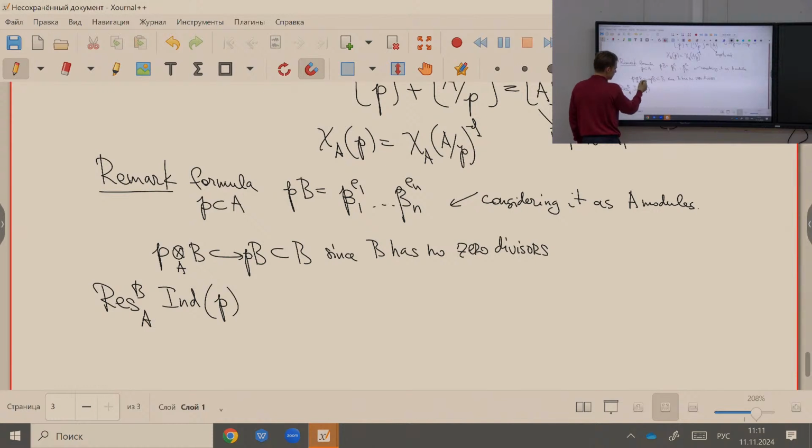Taking tensor product is sometimes called induction, because it allows you to think of an A module as a B module.